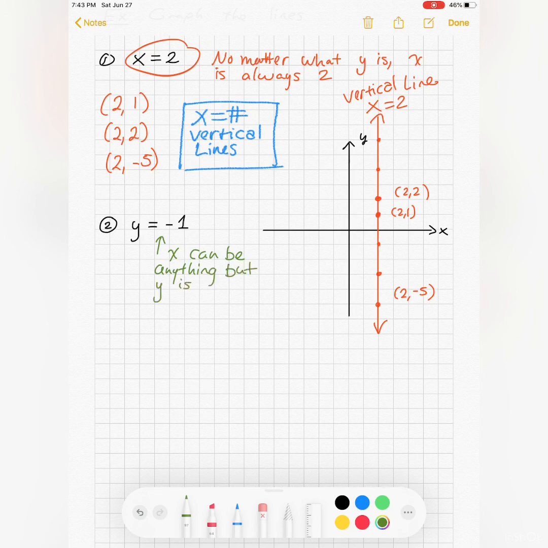But y is always negative 1. So 1, negative 1, 2, negative 1, 5, negative 1, negative 3, negative 1. So where are these points? 1, negative 1, 2, negative 1, 5, negative 1, negative 3, negative 1.